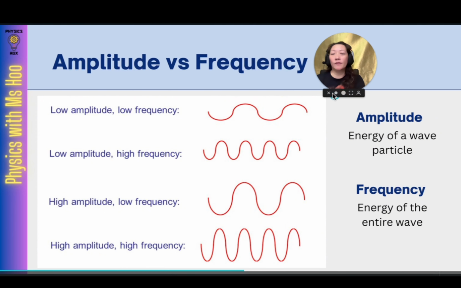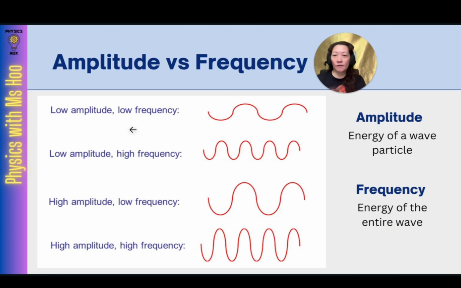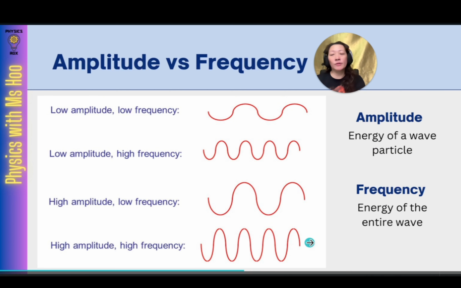So if we look at these four waves, you can see how the amplitude and frequency are independent of each other. In this diagram, we have a wave that has low amplitude and low frequency. You can also have a wave with low amplitude but high frequency. This diagram shows us a wave with high amplitude, low frequency, while this final diagram shows us high amplitude with high frequency.